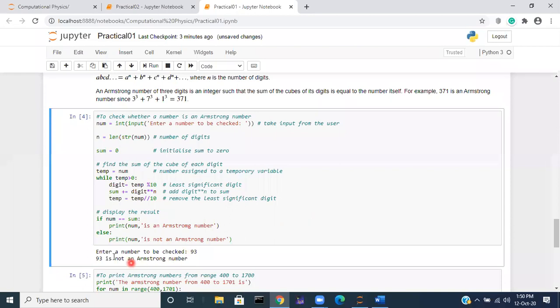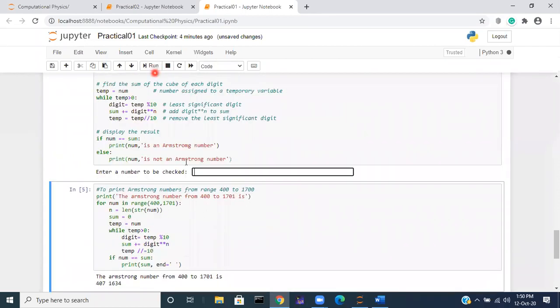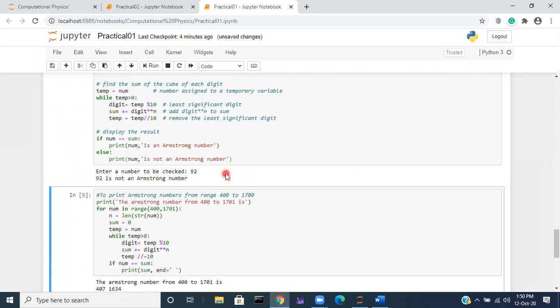So 93 is not an Armstrong number. Let us run it again and check whether 92 is an Armstrong number. 92 is also not an Armstrong number.